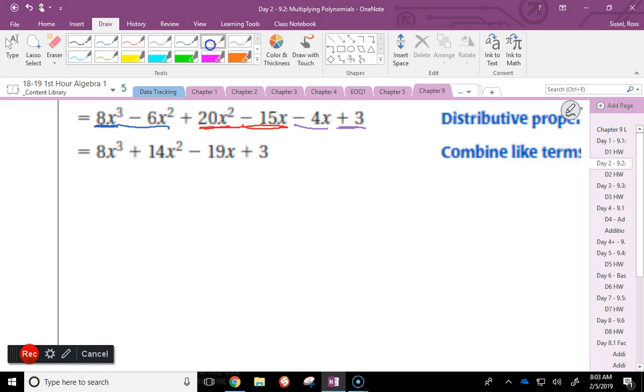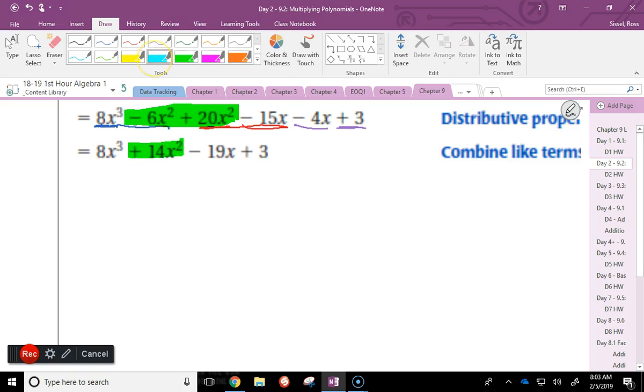When I look at x squared, we see that we had two of them. We had negative 6x squared plus 20x squared. So negative 6 plus 20 is negative 14x squared. Did I say negative? Yeah. Positive. Negative 6 plus 20 is a positive 14x squared.